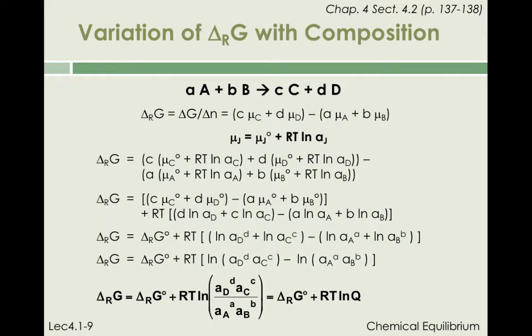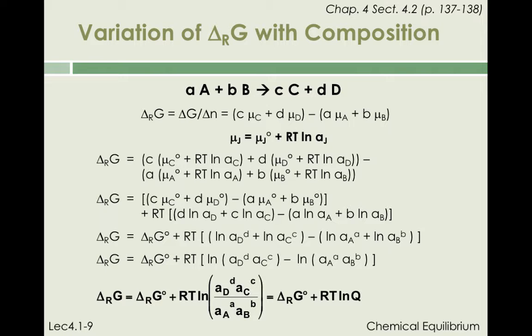Finally, we use the relationship natural log of u minus natural log of v equals natural log of u divided by v, which allows us to express delta Rg as delta Rg standard plus RT times the natural logarithm of a ratio of the activities of products divided by the activities of reactants, where each activity is raised to the power equal to the relevant stoichiometric coefficient. This last term is what we call the reaction quotient, Q.